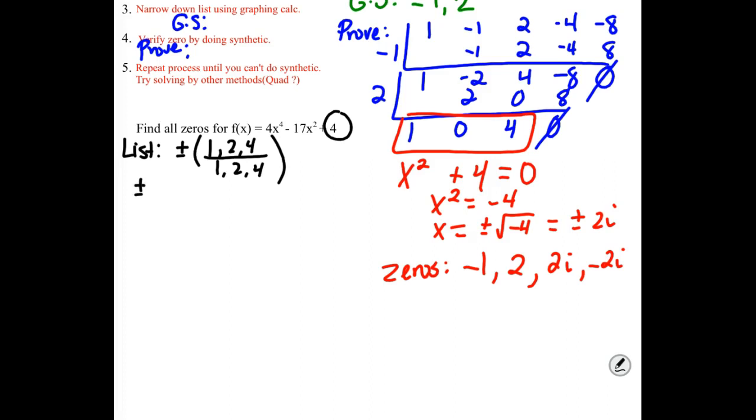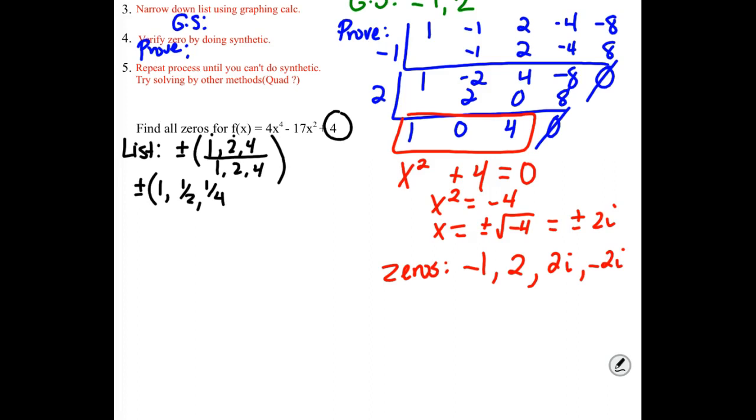So we're going to go through all the different fractions we can create with those numbers. All right, so I'm going to start with the top one and divide by each of the bottom numbers. So 1 divided by 1, 1 divided by 2, and 1 divided by 4.